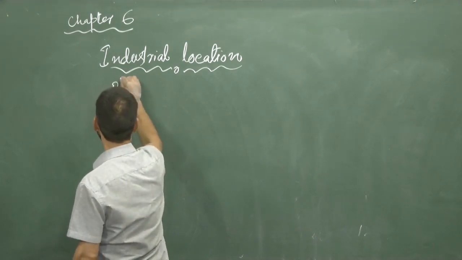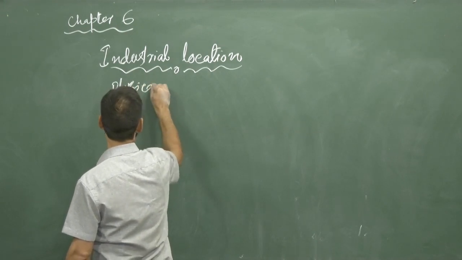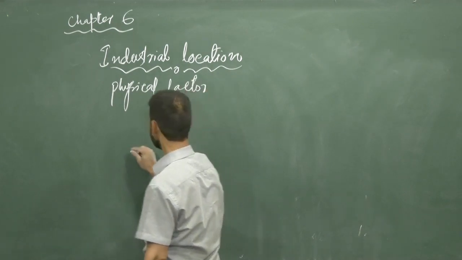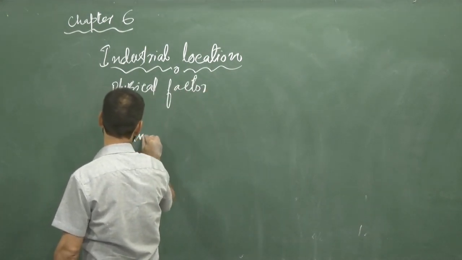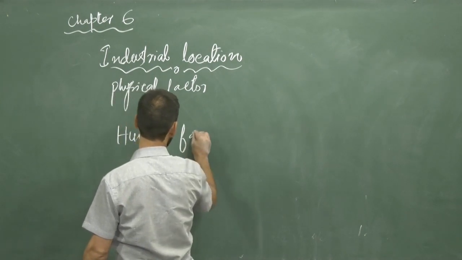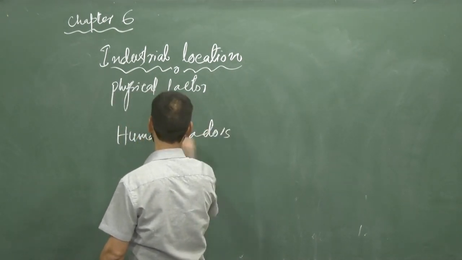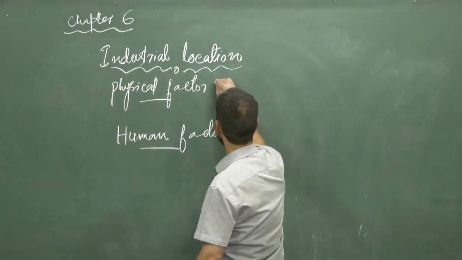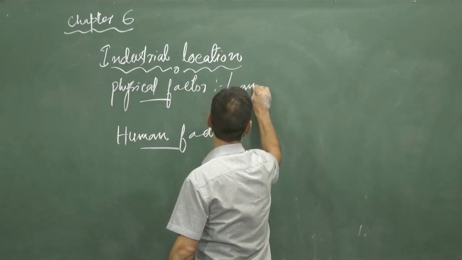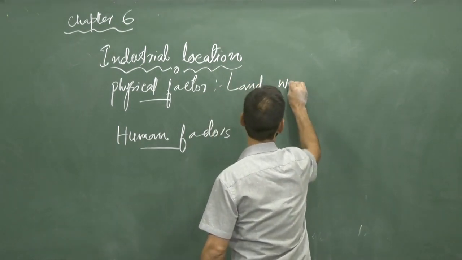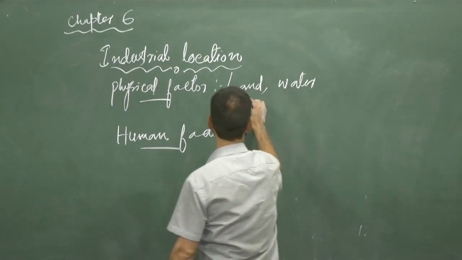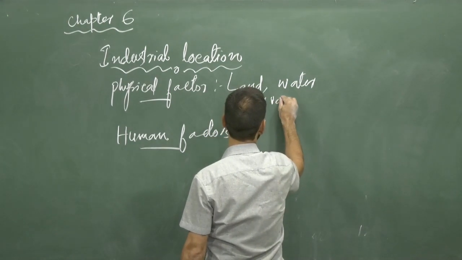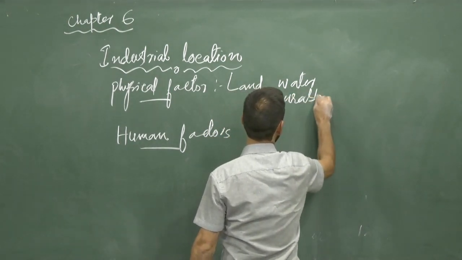One is the physical factor, and another is the human factor. In the physical factor, there should be the availability of land, water, and favorable climate.